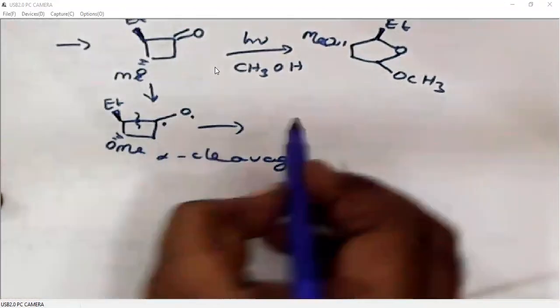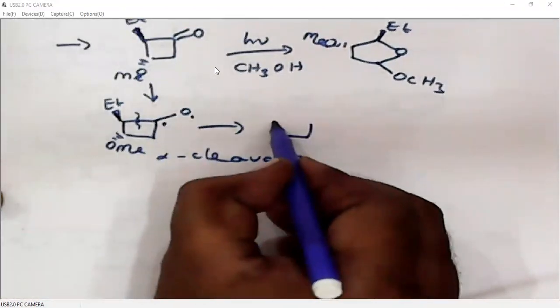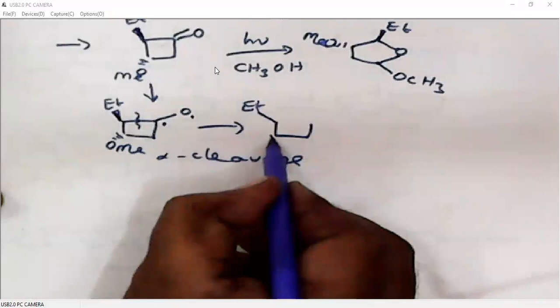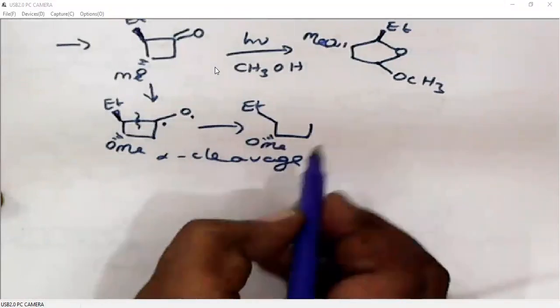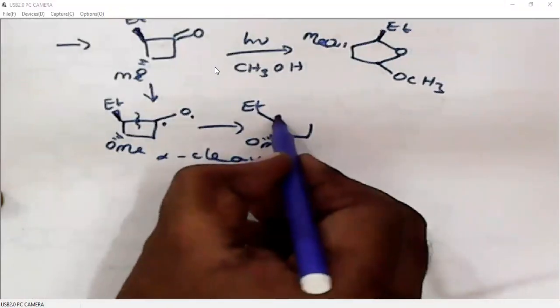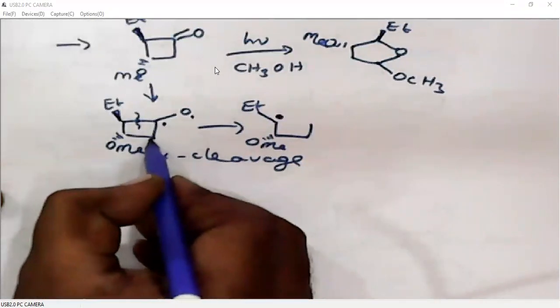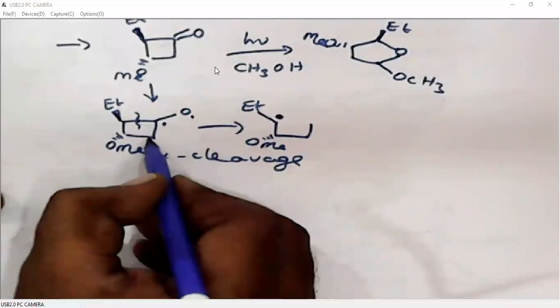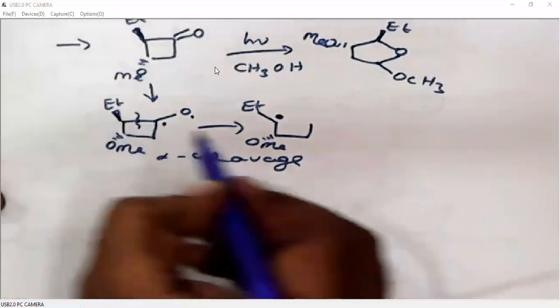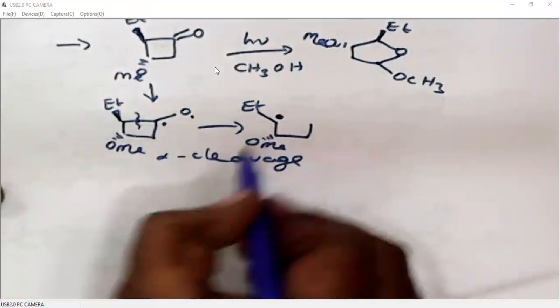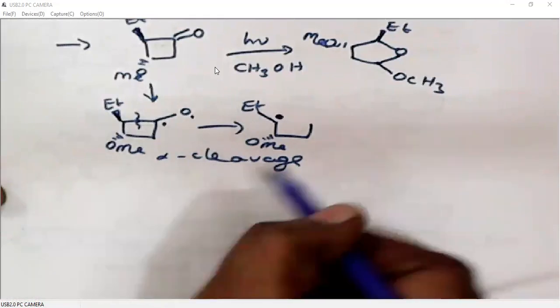When this bond involves in alpha cleavage, ethyl OMe, it generates a secondary radical. If it involves in alpha cleavage, it generates a primary radical. Primary radicals are less stable compared to secondary radicals. So this is the possible alpha cleavage.